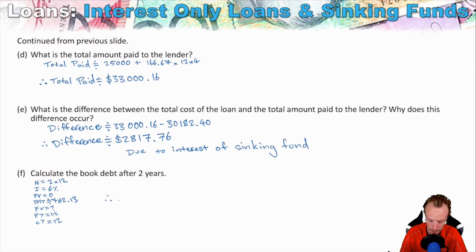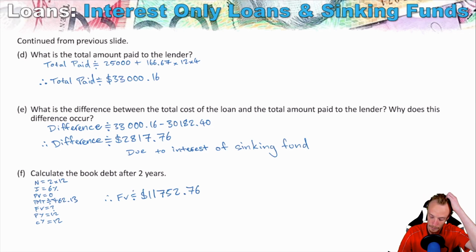So let's quickly calculate the future value here. 6%. That'll do it. So at that point in time, we had approximately $11,752.76 in the account.